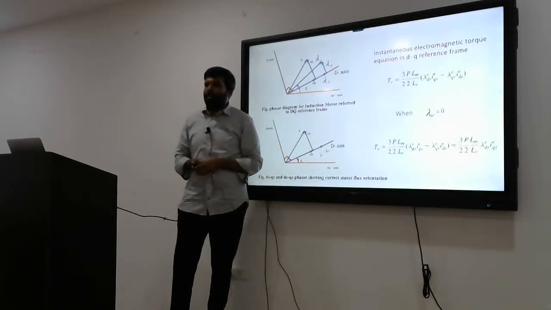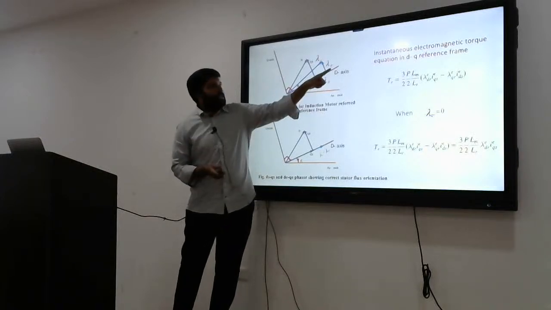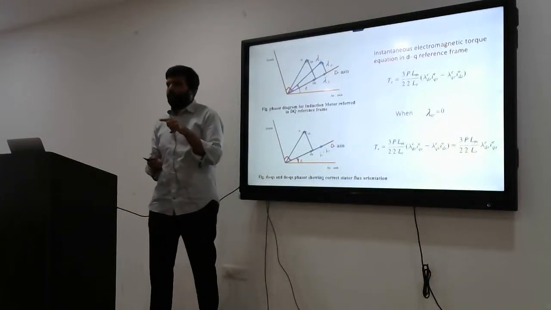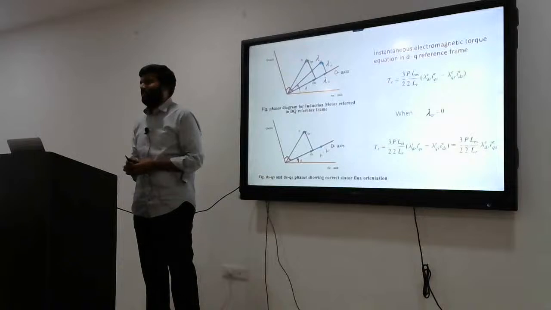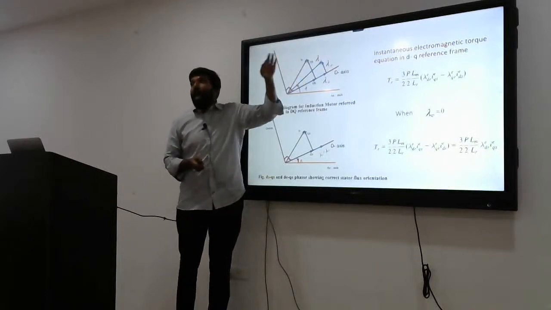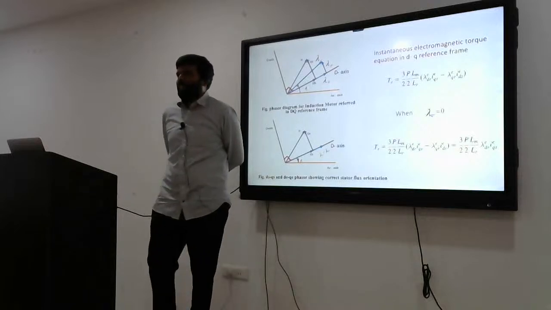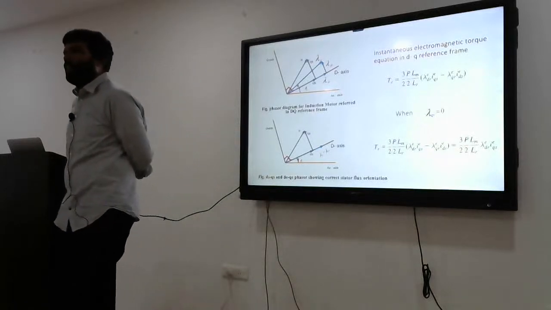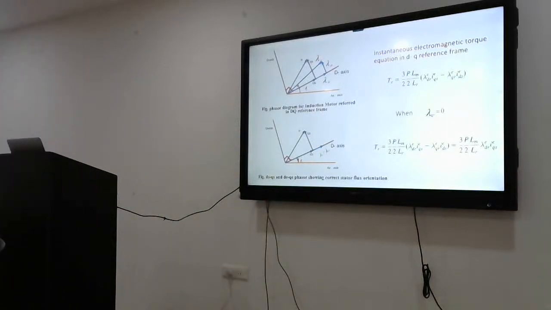To make lambda QR 0, the d axis, which is the reference axis, you have to bring in phase with the actual flux position. If the d axis is exactly in phase with lambda r, how will you get the lambda r position?